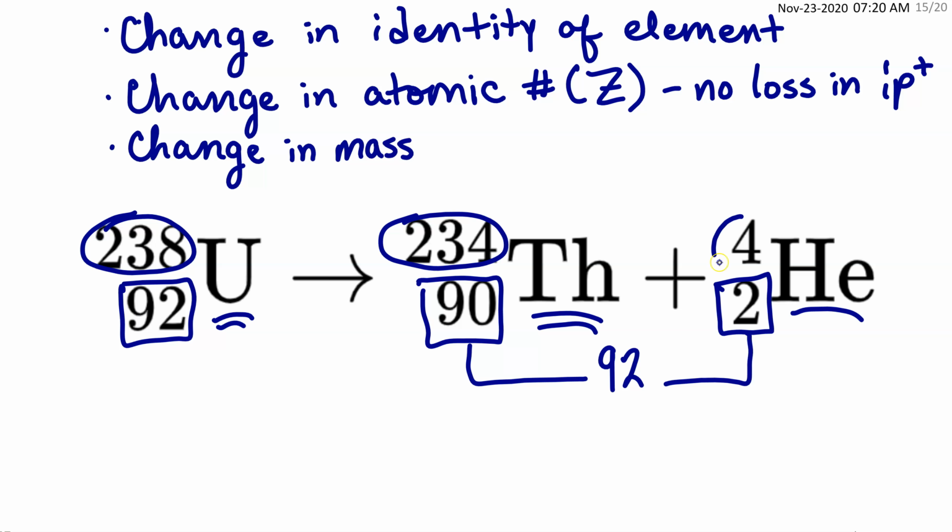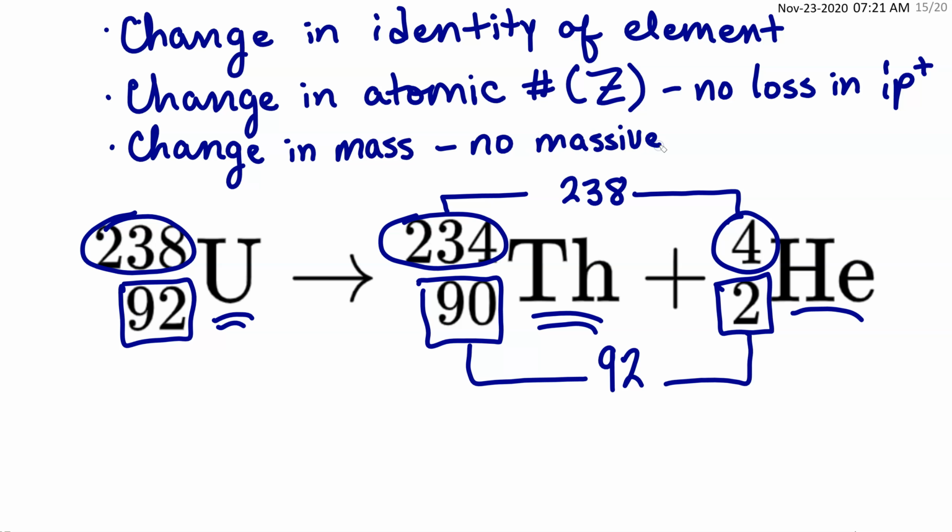However, just like with the atomic number, the combined masses still add up to what we started with. There's no massive loss in mass. Just for clarification, there is a tiny loss in mass as some mass is converted to energy, but that is beyond the scope of this particular lecture.